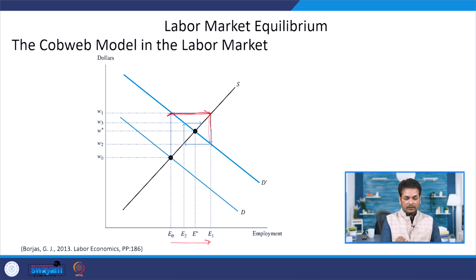When this E1 amount of workers enter the labor market, the short run supply function again becomes inelastic and intersects the new demand function. We are assuming that there is no change in the conditions on the demand side. So, it intersects the new demand function at this point, deciding the wage rate W2.